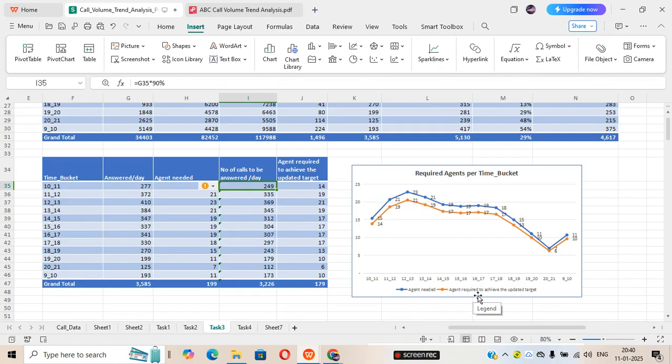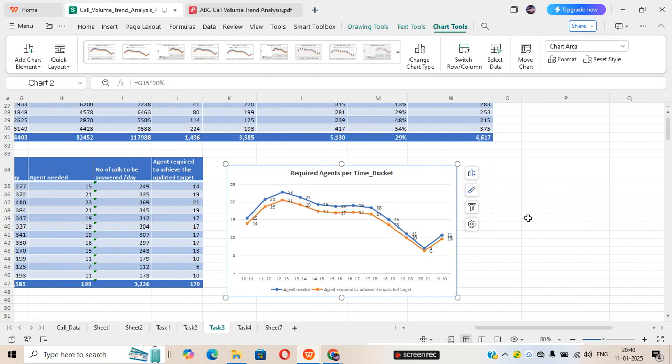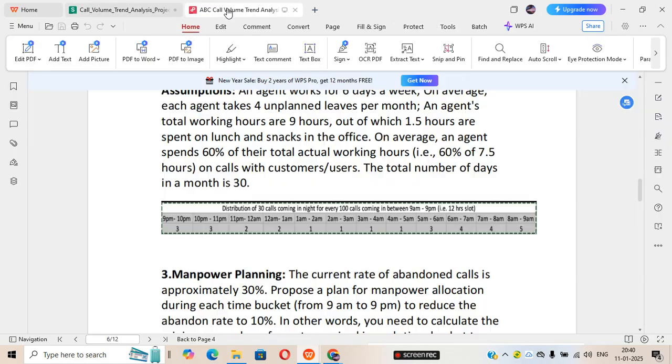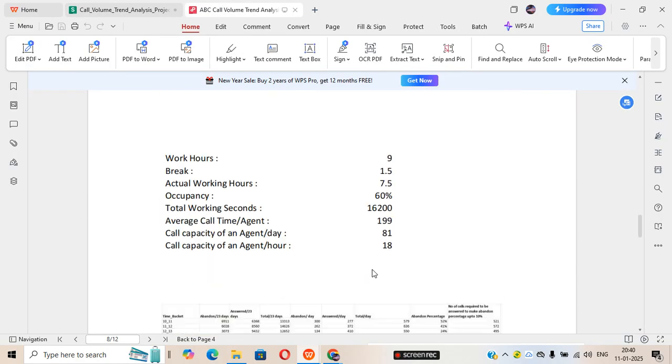We'll be using a line chart for this and using the line with marker option. So we'll be getting this chart. This is the task 3 which I have done, and pasted the screenshot for reference also.